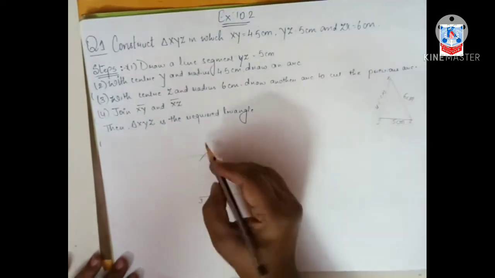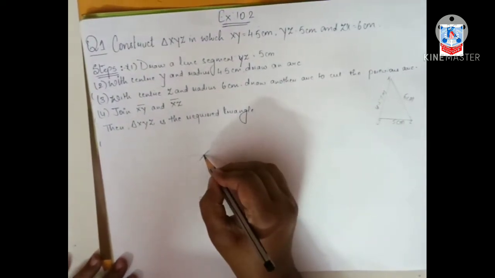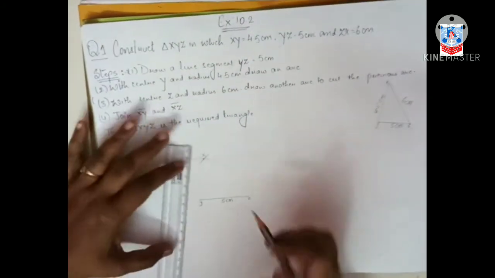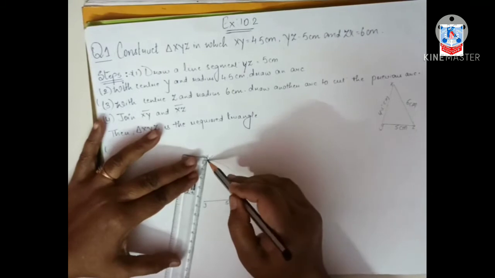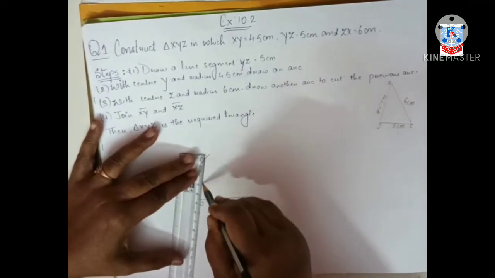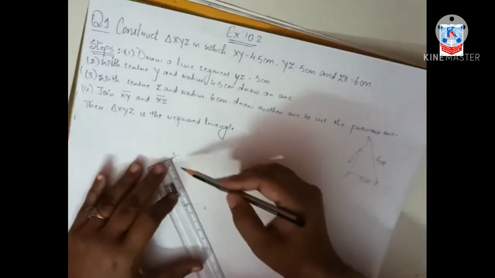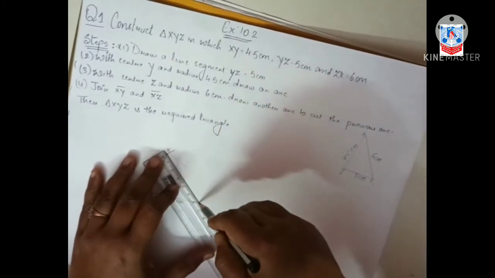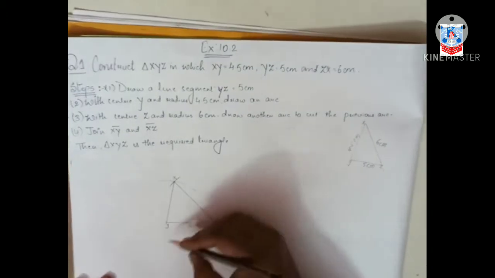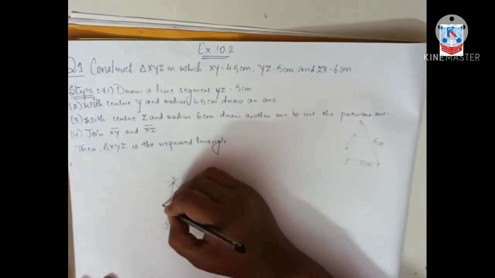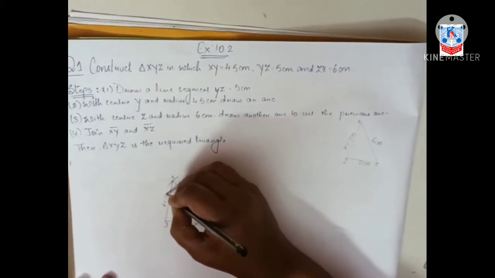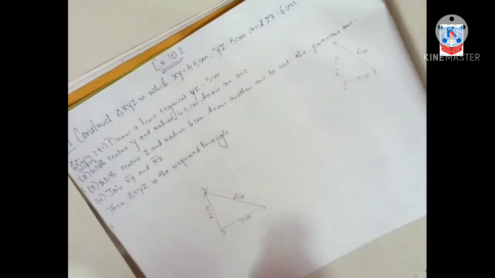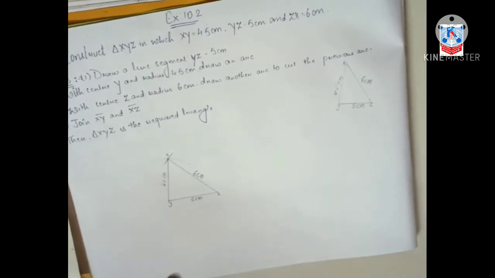Now this point of intersection is X. Now join X, Y and X, Z. And now write the measure here. XY is equal to 4.5 cm and XZ is equal to 6 cm. Clear?